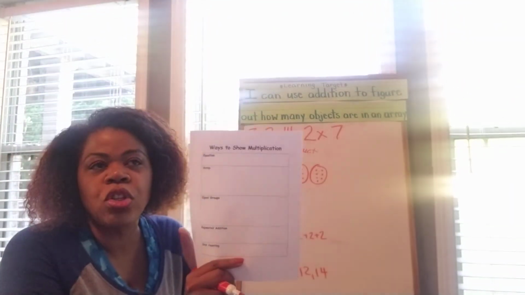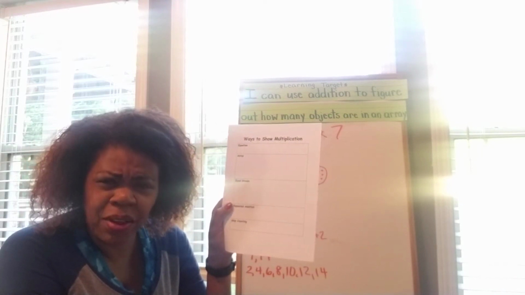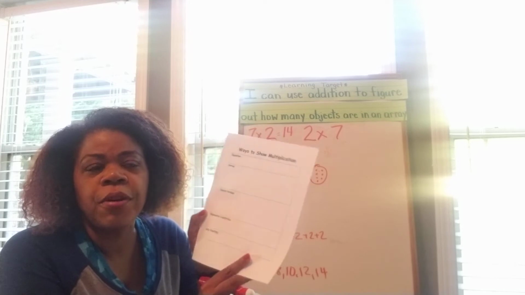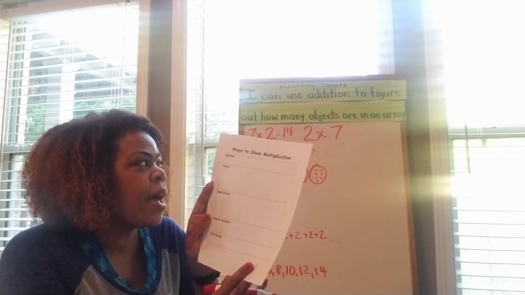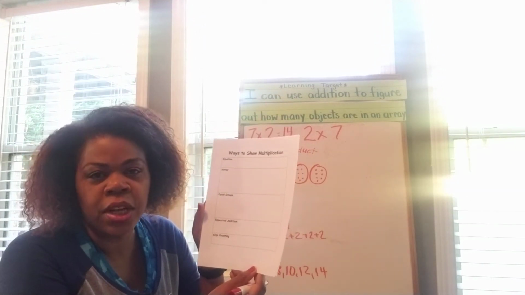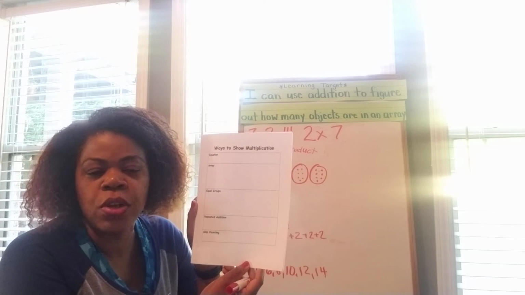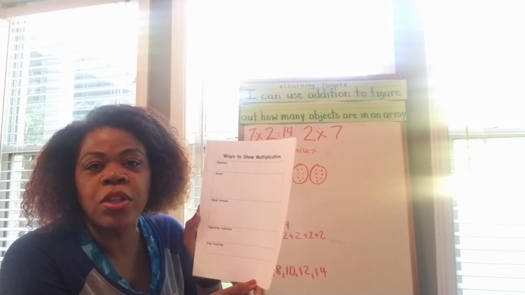I want you to show it on this paper. I want you to choose at least 2, let's do 2 different ways, and use a multiplication problem with single digit numbers. Don't do any double digit. I know some of you would love to do that, but I don't want you using double digit.